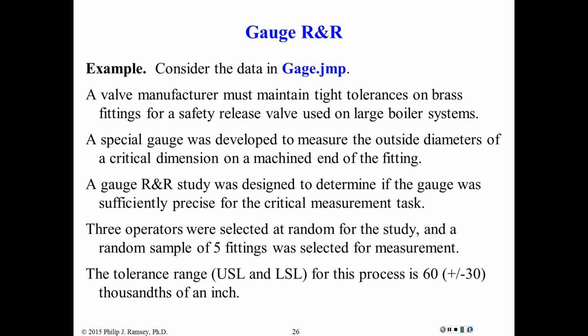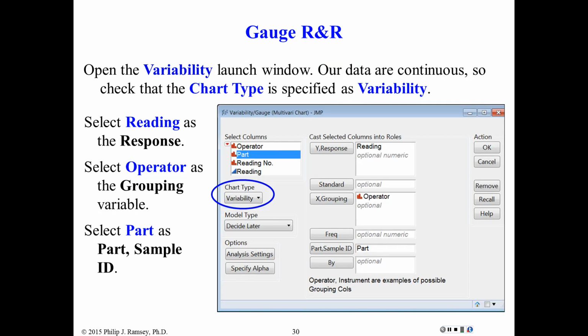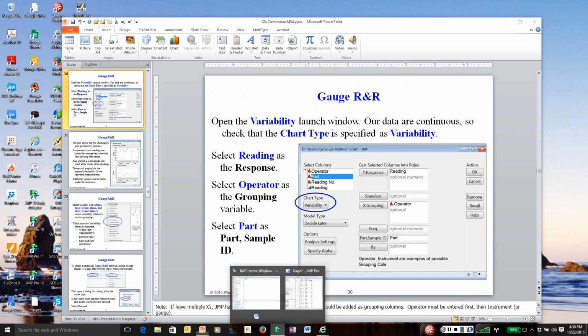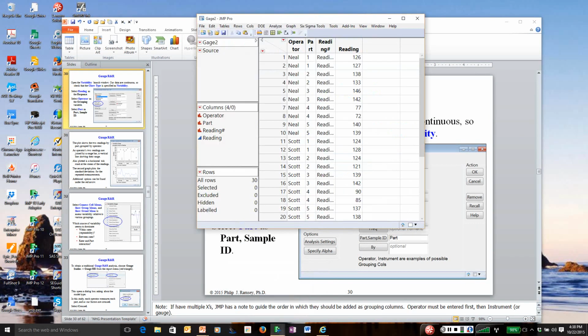And I can assure you these days, these would be considered enormously wide specifications as compared to what most people work to today in manufacturing. Okay, so what I'm going to do at this point is go over to JMP and take a look at the data and talk through it.